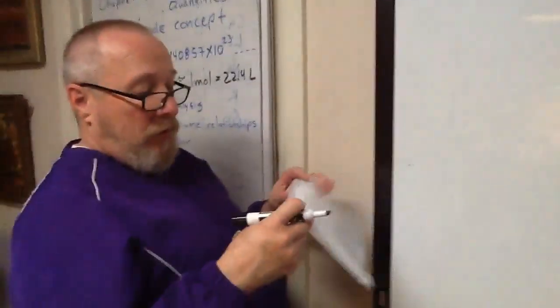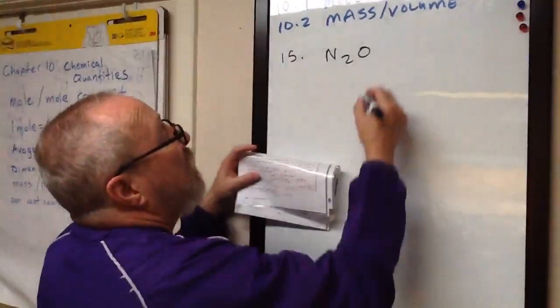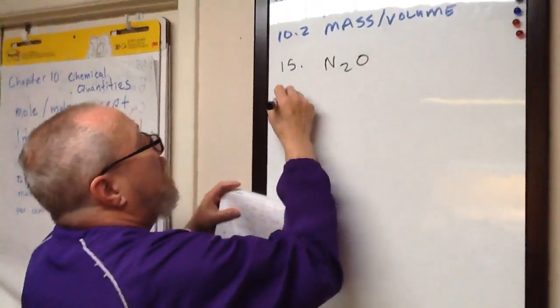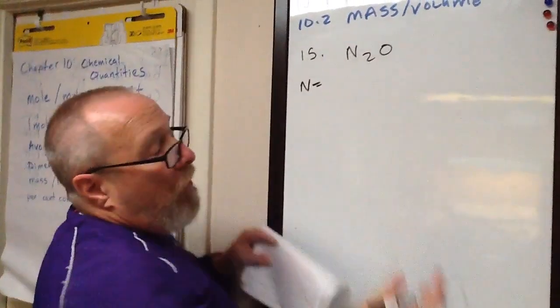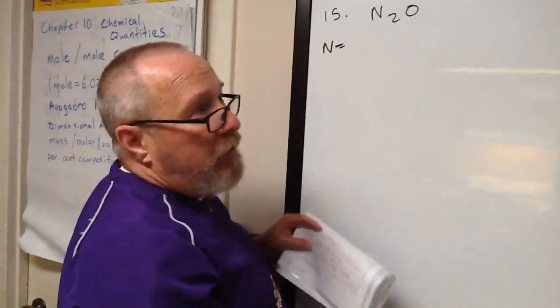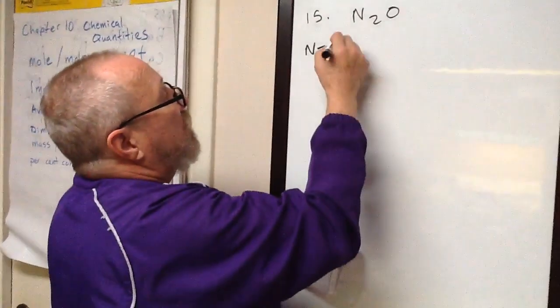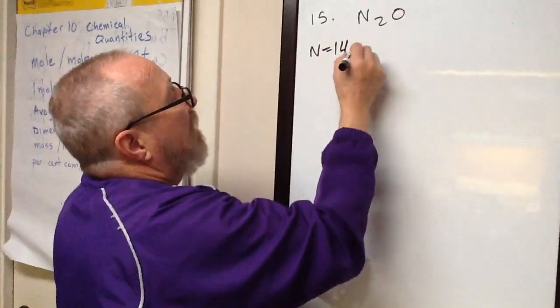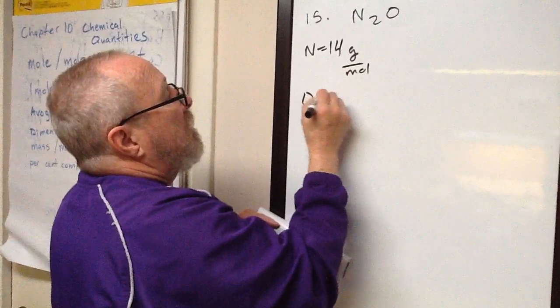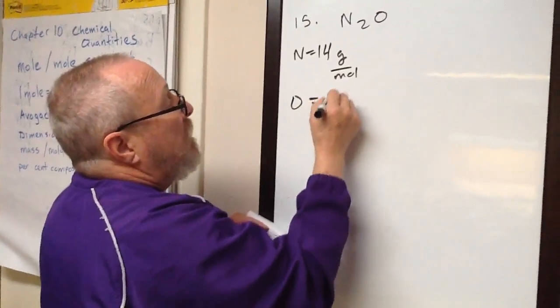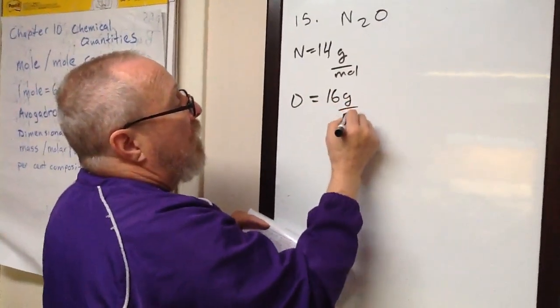For this N2O, all we need to know is how much a mole weighs. Nitrogen is 14 grams per mole, 14.007, but can we just call it 14 grams per mole? And oxygen is equal to 16 grams per mole.